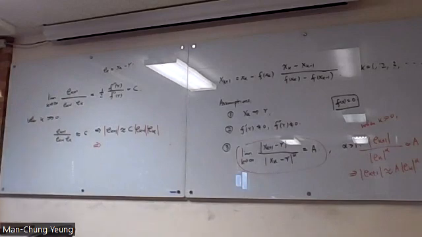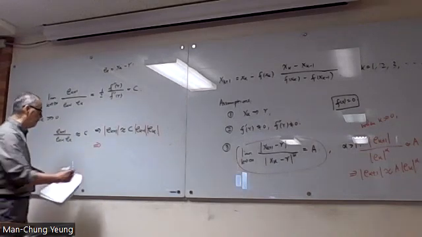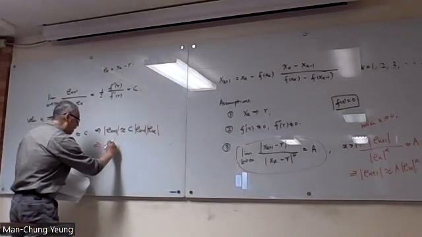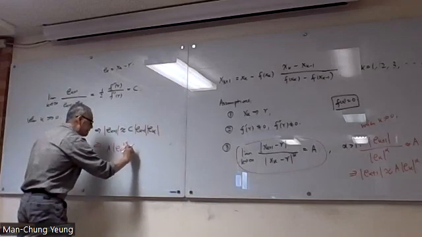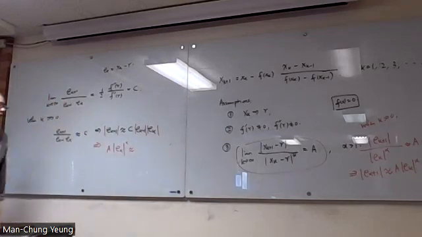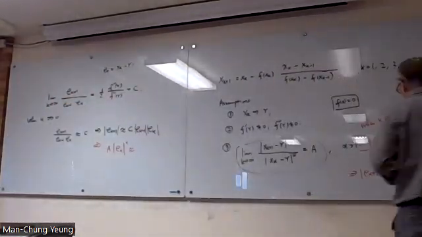Left side is A times Ek to the alpha. How about the right hand side?